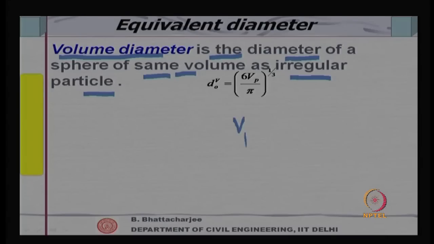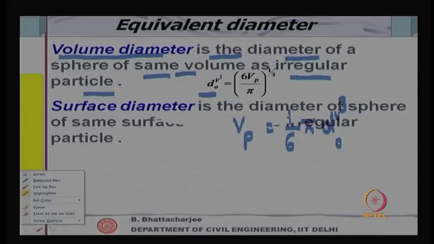Now, if V p is the volume of a single particle, and I assume a sphere having the same volume, then 1 by 6 pi d 0 v cube, as we have defined here, will be equal to V p, and therefore volume diameter is given by this expression. V stands for volume.